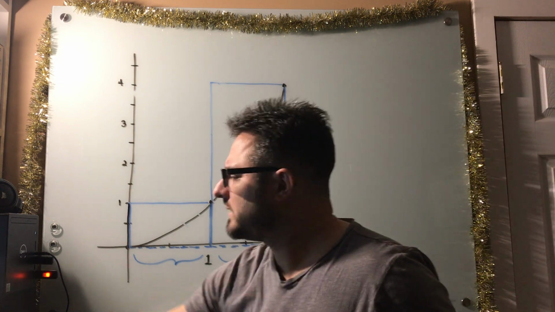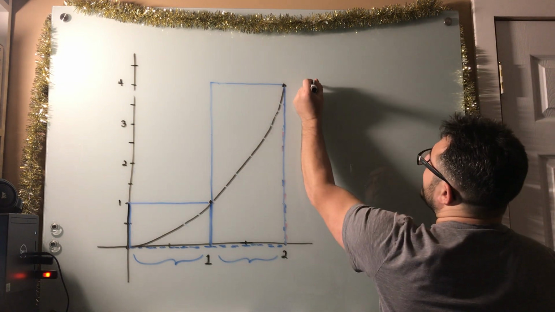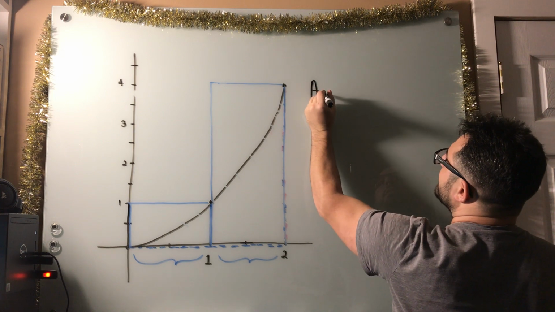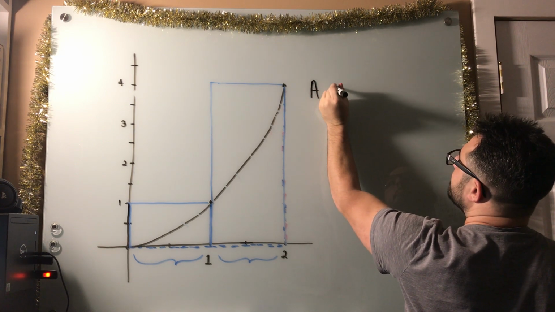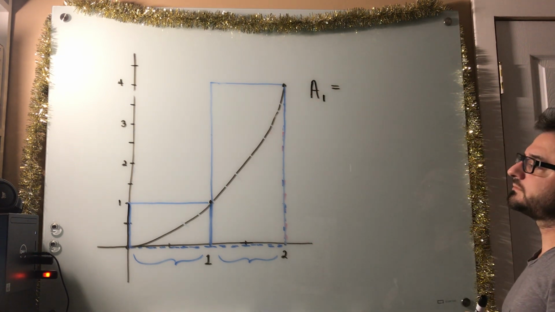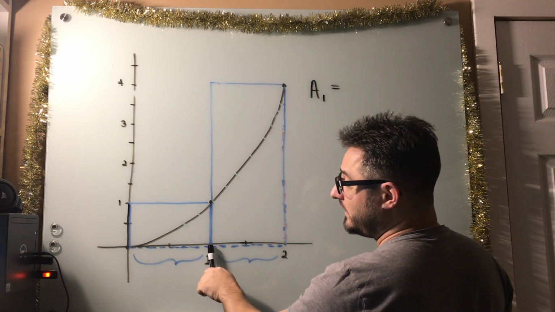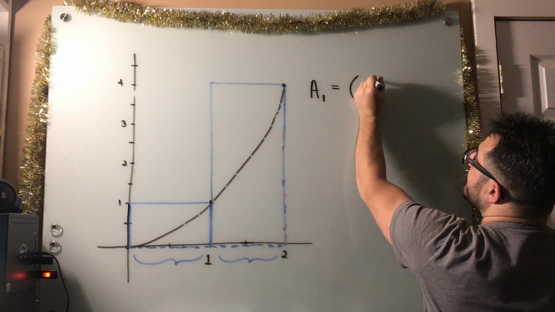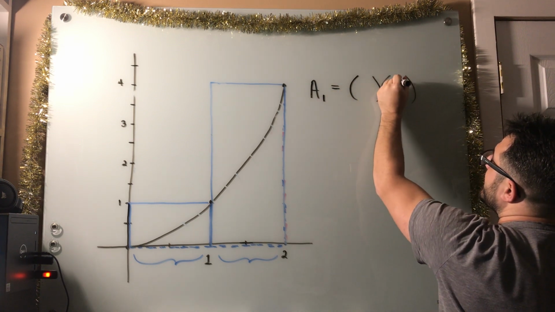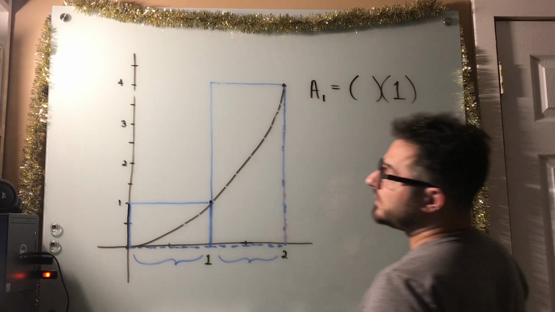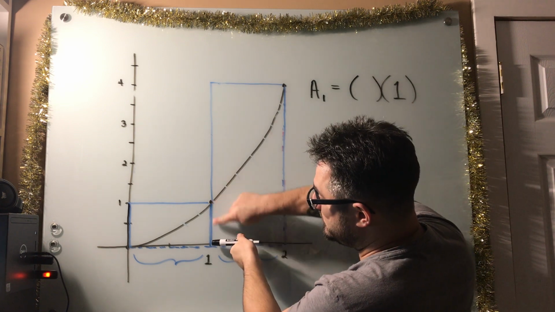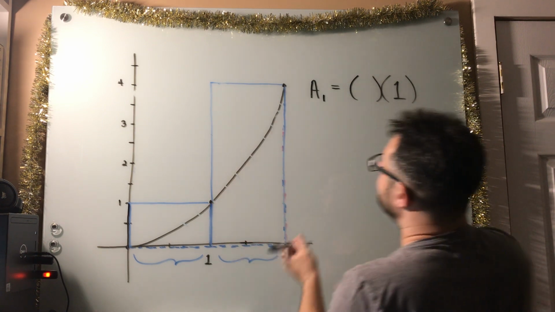So, we now have the area of the first rectangle, which has a width now of 1 and a height of 1.